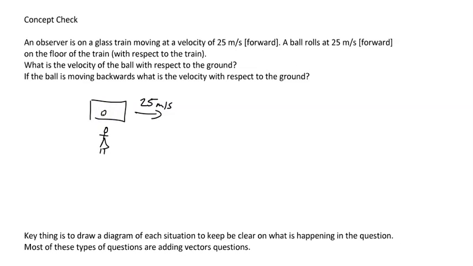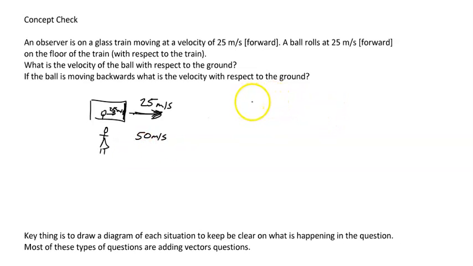Now, a person on here throws a ball also 25 meters per second forward. Well, the ball is moving towards this end at 25 meters per second, as the glass train is also moving 25 meters per second. And so the velocity of the ball with respect to the ground would actually be 50 meters per second.